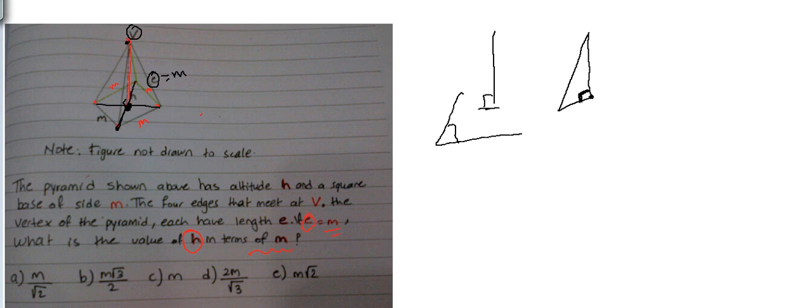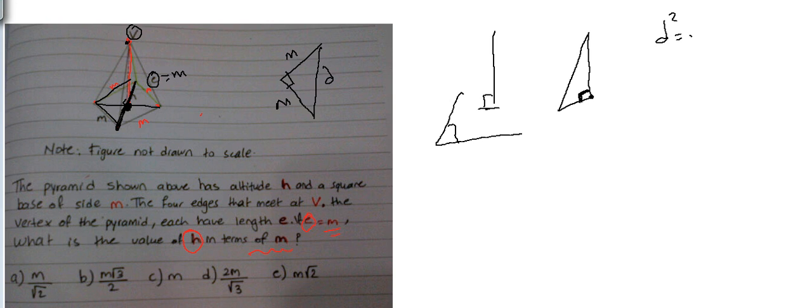So this means I'm finding the diagonal of the base. Let's take this triangle here. This triangle has a side M, another side M because it's a square, and this is the diagonal. How much is the diagonal?